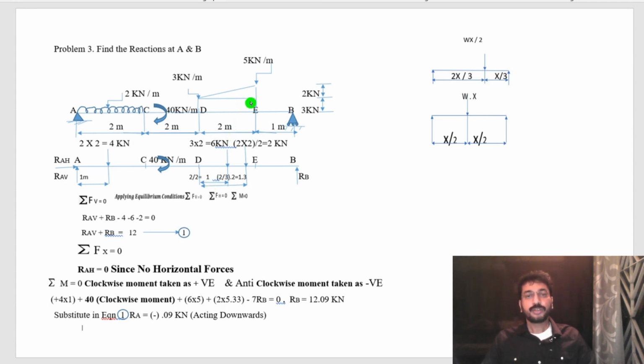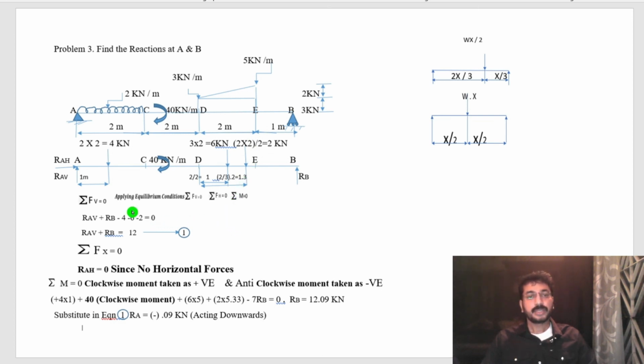The center of the UVL is at a distance x by 3 from the big end. Then we get a load of half into W into x. But here W is the value of the intensity of load, 2 kN. Then we get the value of 2 kN as the resultant, which acts through the centroid of the UVL.